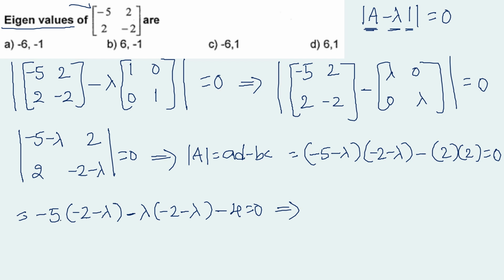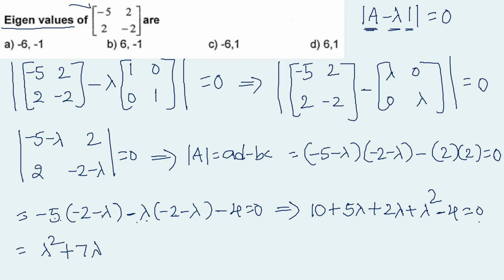Minus 5 times minus 2 is plus 10, minus 5 times minus lambda is plus 5 lambda, minus lambda times minus 2 is plus 2 lambda, minus lambda times minus lambda is plus lambda square, minus 4 equals 0. We will have lambda square plus 7 lambda plus 6 equals 0.